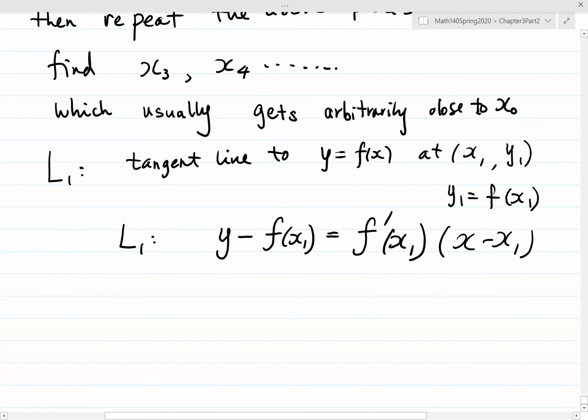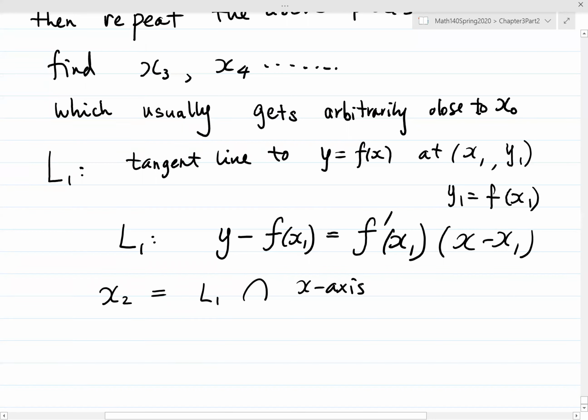Now remember x2 is the intersection of L1 with the x-axis.